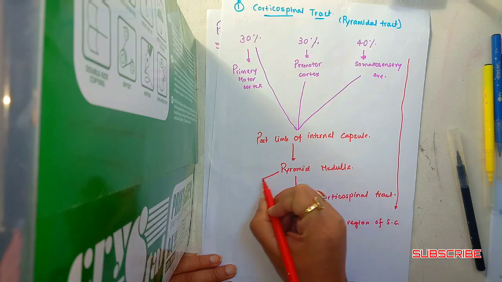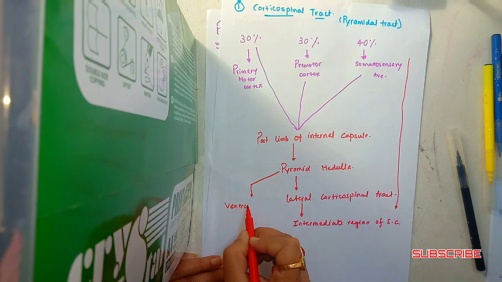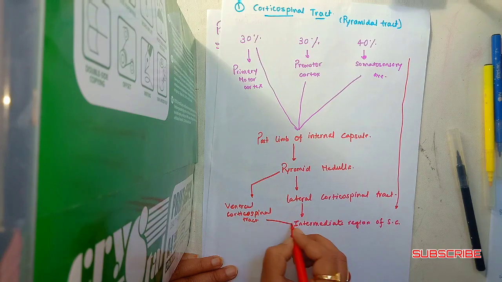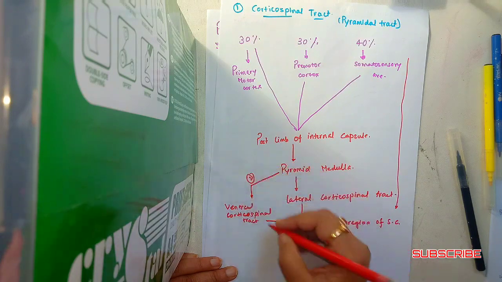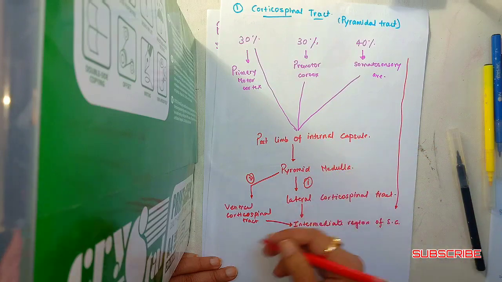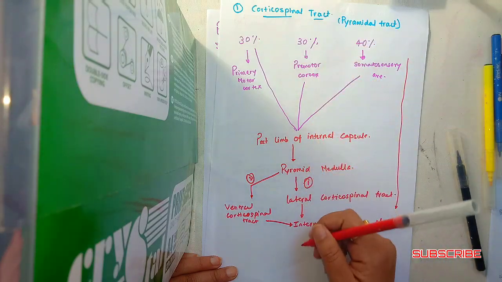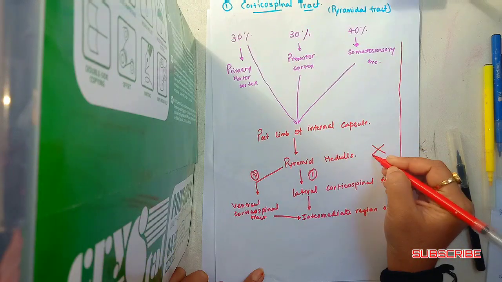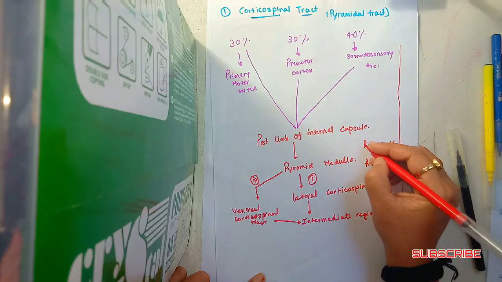is from the pyramid of the medulla it goes to the ventral corticospinal tract to the intermediate region of the spinal cord. Very few fibers go like here, these fibers go in a cross way, from the right hemisphere to the left hand, from the left hemisphere to the right hand.